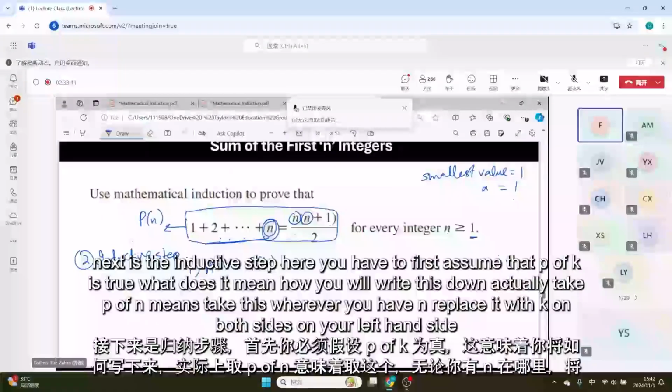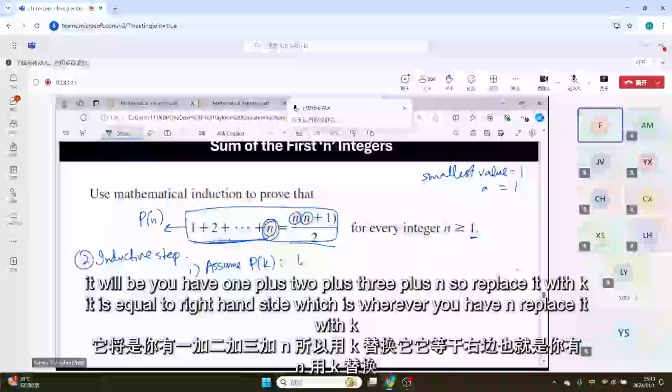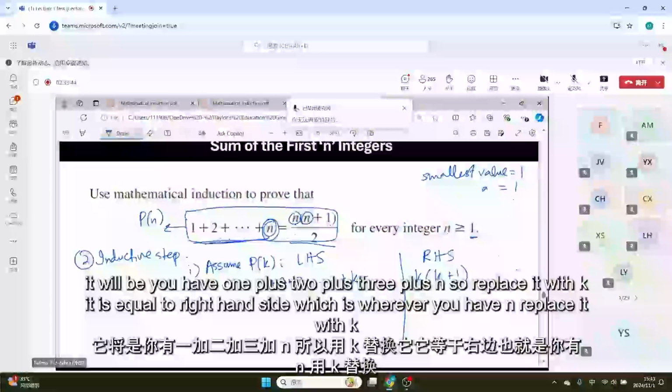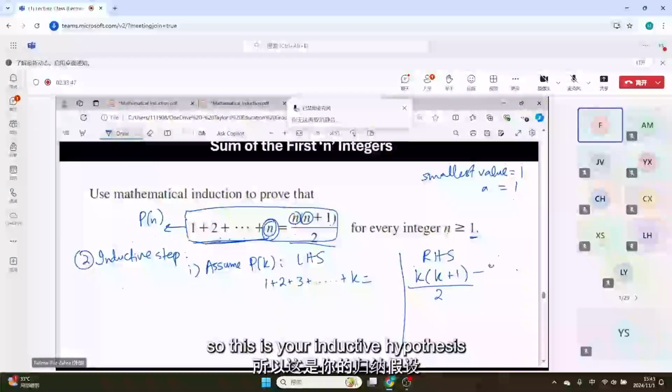What does it mean? How will you write this down actually? Take P of n, and wherever you have n, replace it with K on both sides. On your left hand side, you have 1 plus 2 plus 3 plus up to n, so replace it with K. It is equal to the right hand side, where wherever you have n, replace it with K. Okay, so this is your inductive hypothesis.